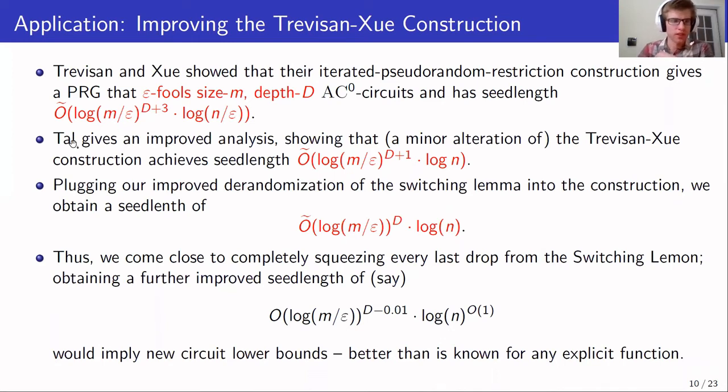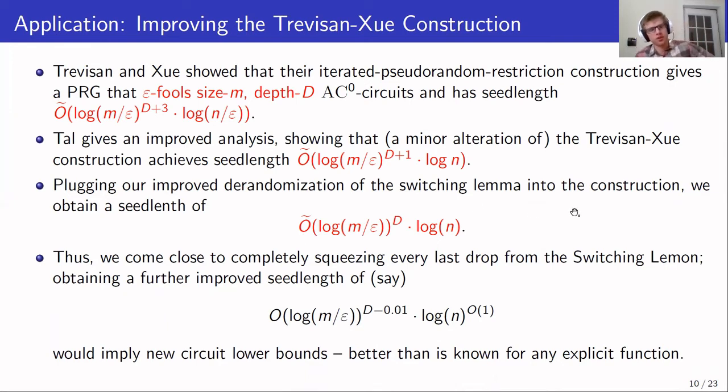Then subsequently, Ahmadinejad et al. gave an improved analysis of a small modification of this construction, showing that you could get d+1 factors of log(m/epsilon). Now finally, plugging in our improved derandomization of the switching lemma, due to this work, we can get just d factors of log(m/epsilon), ignoring some log factors.